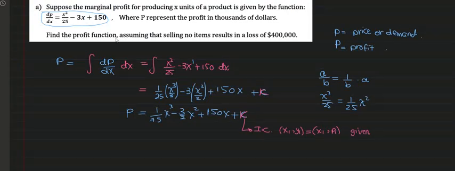Okay, find the profit function, assuming that selling no items results in a loss. What is the number of items? It says here that producing x units of a product, so x units of the product, this is the number of products.